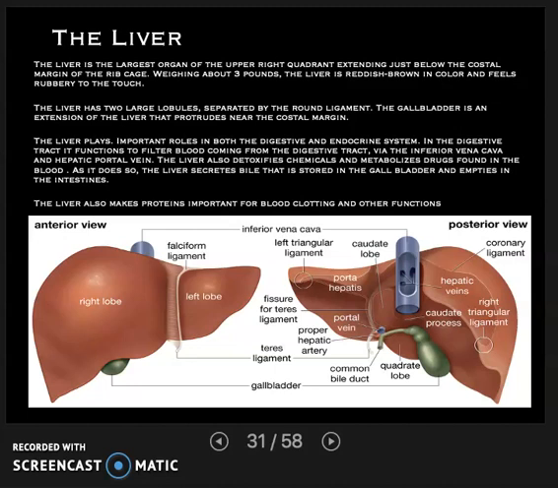And it actually can protrude out a little bit just below the costal margins, right? So if you look at the right lobe of the liver and you palpate your rib cage, that costal cartilage margin, the edge of your rib cage, you can palpate the liver.